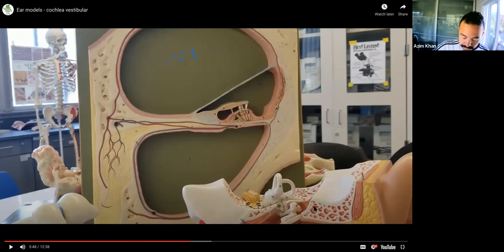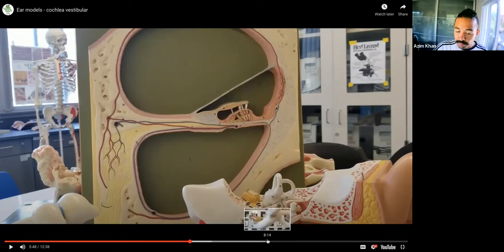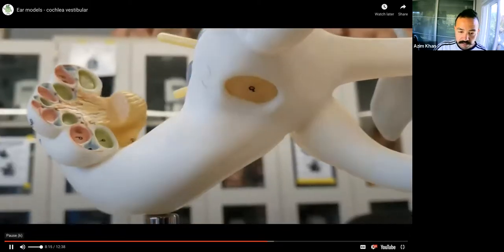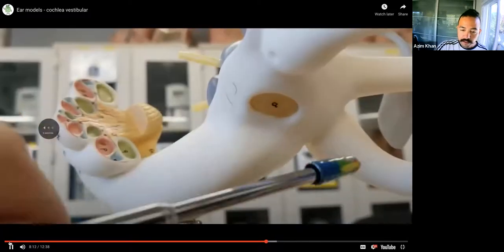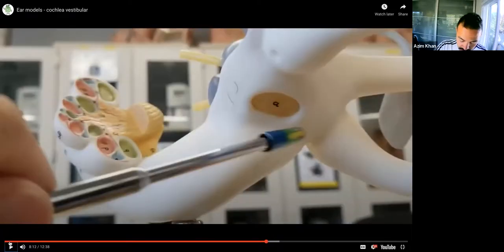Back to that blown up model of the cochlea and vestibular organ. This is the oval window. The oval window is larger and more oval.